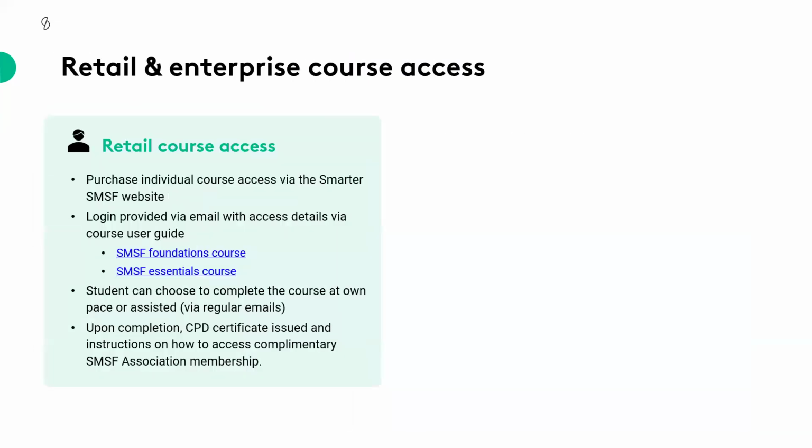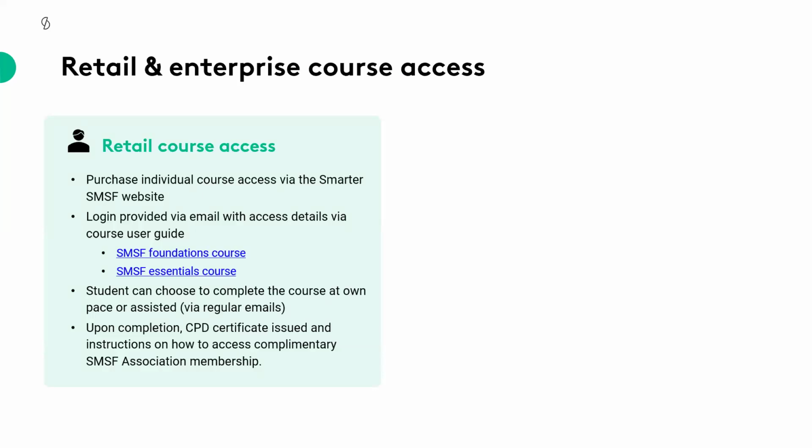Because what we do have from a Smarter SMSF perspective with our courses is the fact that we have both a retail offering, and that retail offering is effectively saying to you, you can jump onto our website, as I showed you then, and purchase individual courses for a team member or multiple team members. So you can choose the number of courses you want to pick.